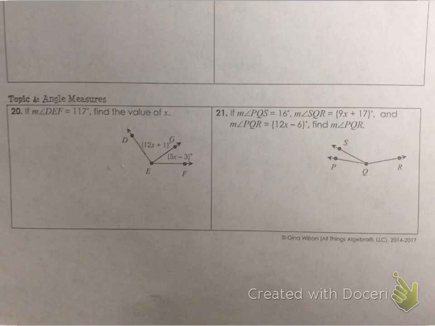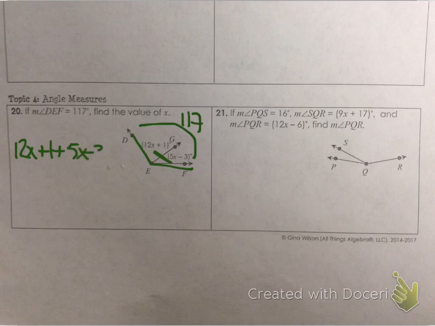Anyways, so here I have angle DEF is 117. So that means this whole thing right here is 117. Find the value of x. So that means these two add up. So this is like a segment addition. 12x plus 1 plus 5x minus 3 is equal to 117. Combine your like terms.